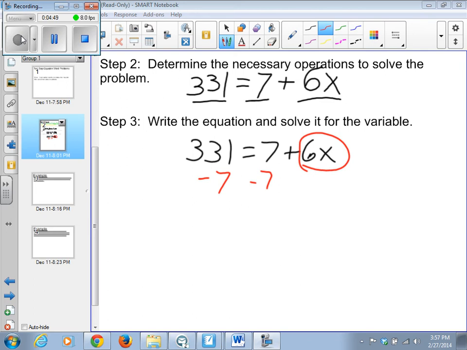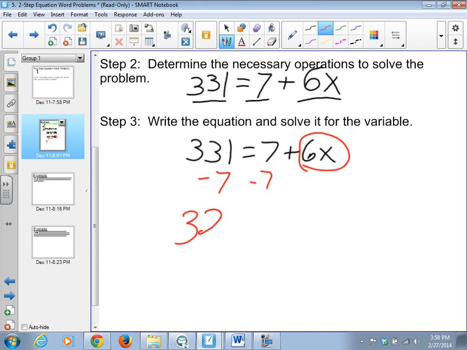So where were we? 331 minus 7, that'll give us 324. It's equal to 6x. So we have 324 students that are on the bus because we got rid of those 7 students driving a car. We're going to split them up into 6 equal groups. So we'll divide them by 6. Divide them by 6.